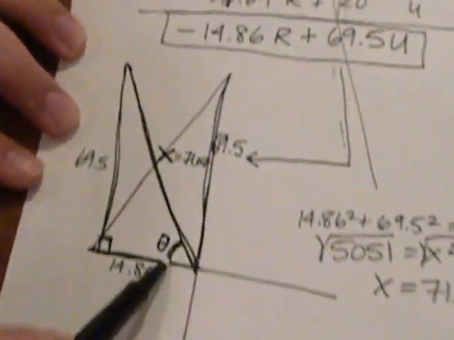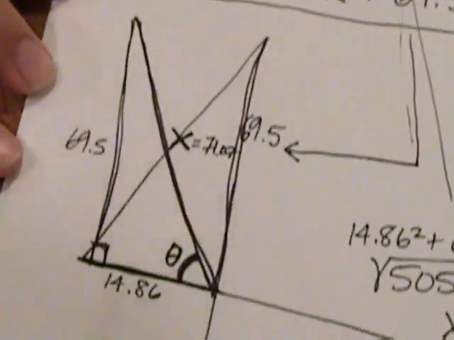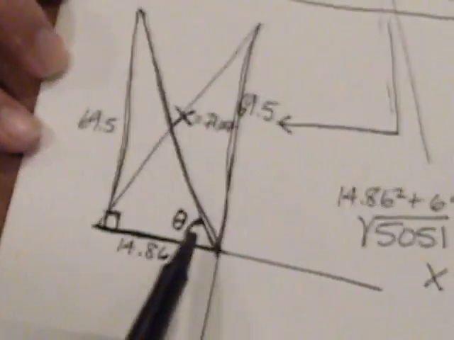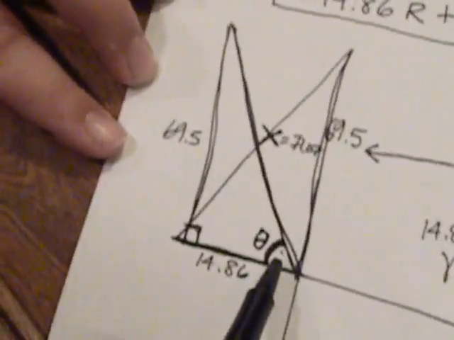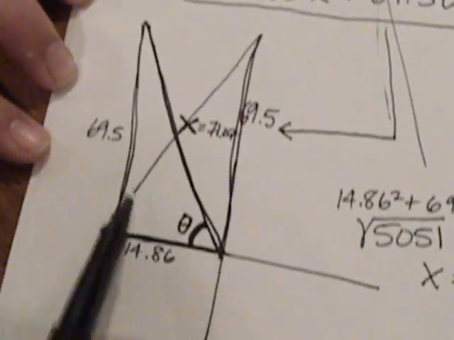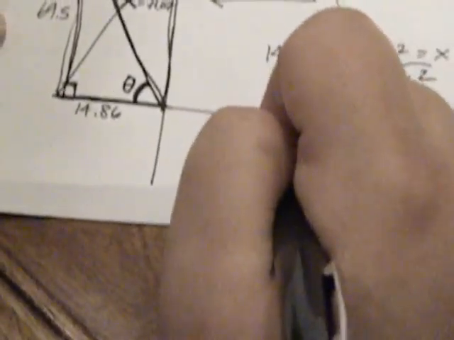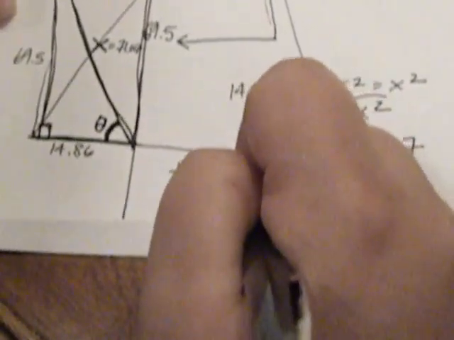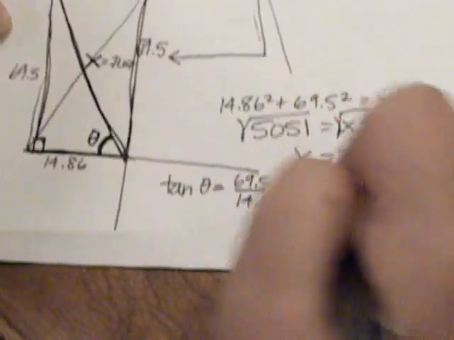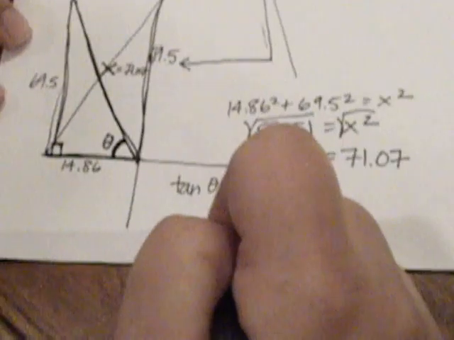Now we just need to figure out what theta is. You can use any of your trig functions to find theta. So you can use sine, cosine, or tangent. Since we already know for sure adjacent and opposite, let's just use tangent. So the tangent of theta equals the opposite over adjacent, so 69.5 over 14.86. So all I need to do is 69.5 divided by 14.86.